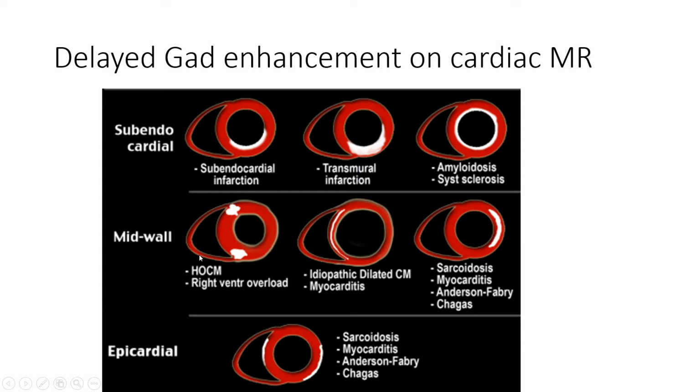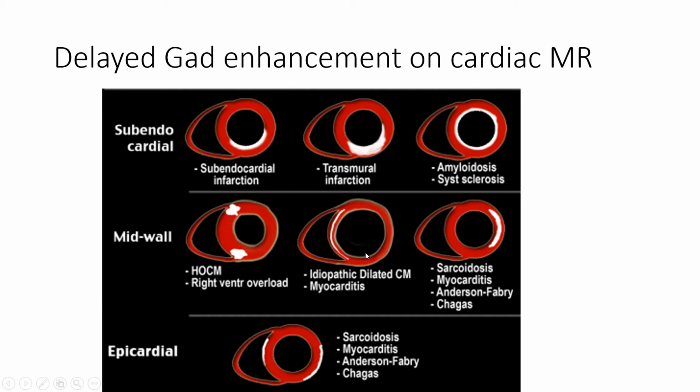If there is mid-wall delayed GAD enhancement, you might want to think of maybe there's right ventricular overload. And what is the most common cause of right ventricular overload? One of the most common causes is hypertrophic cardiomyopathy.